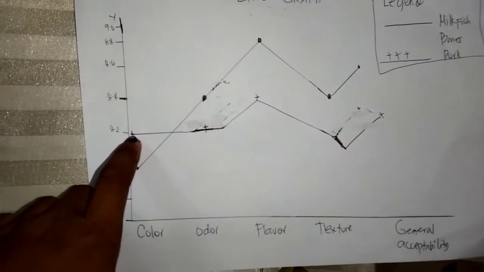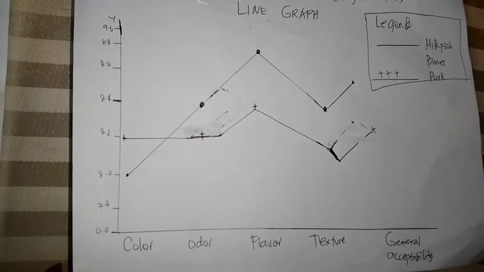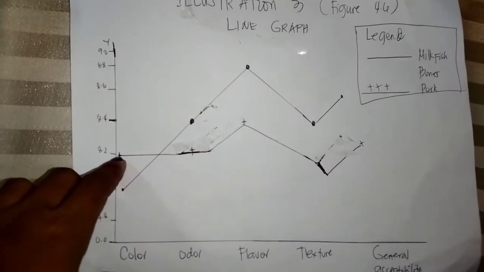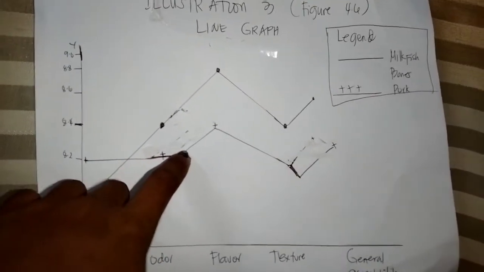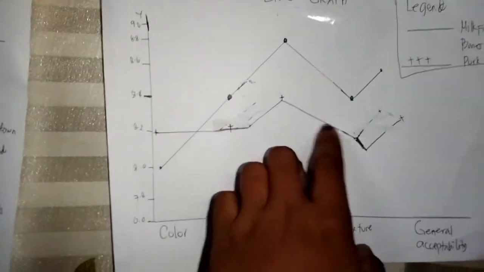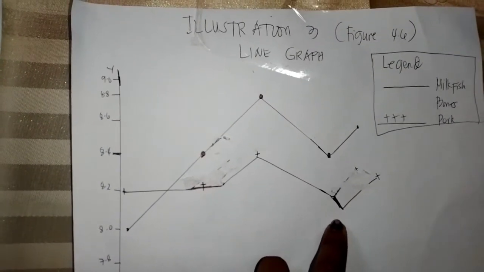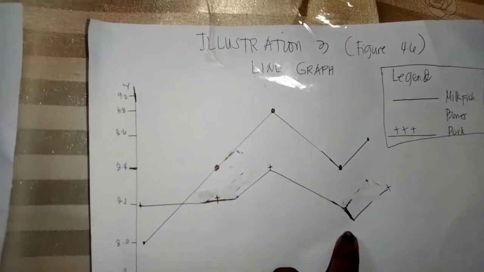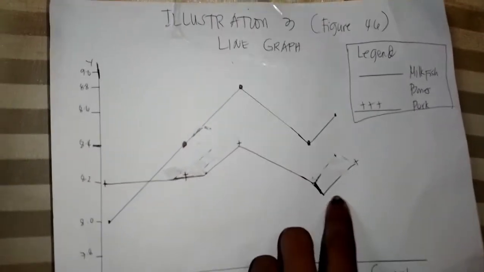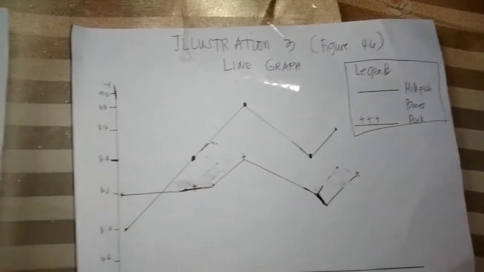From 8.2, the graph continues until it reaches the highest point of 8.3 and goes down to 8.0 and increases to 8.1. Okay, that's how our line graph shows here.